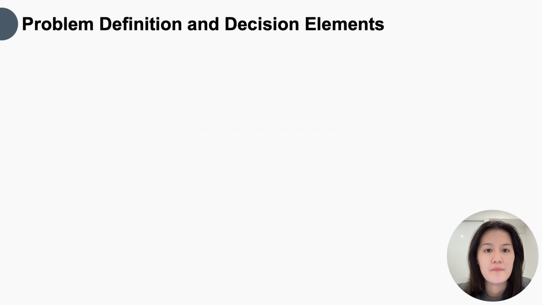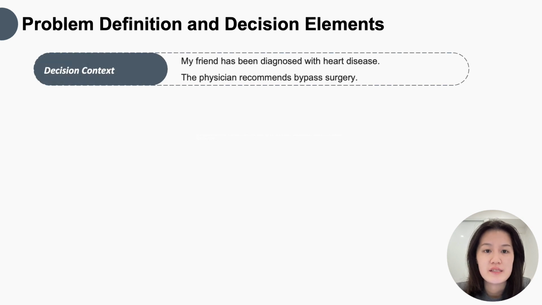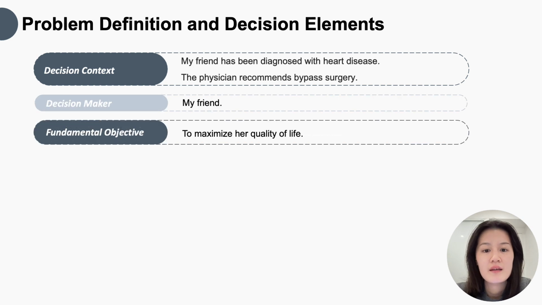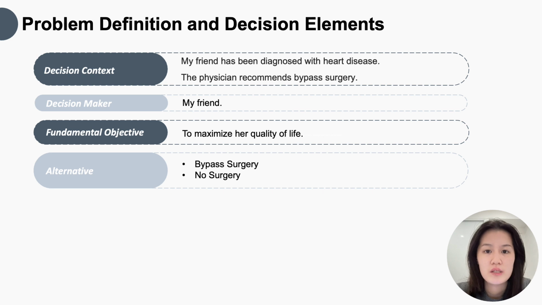So let's begin by identifying the key elements of the decision using the WICS framework. The decision maker is my friend, and her fundamental objective is to maximize her quality of life. She has two alternatives: undergo bypass surgery or not.